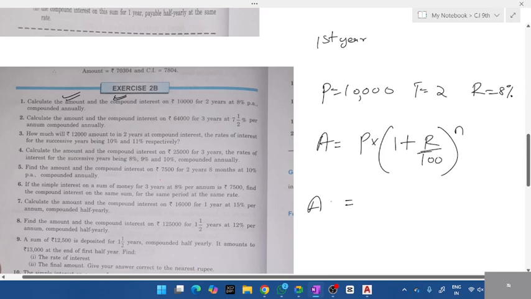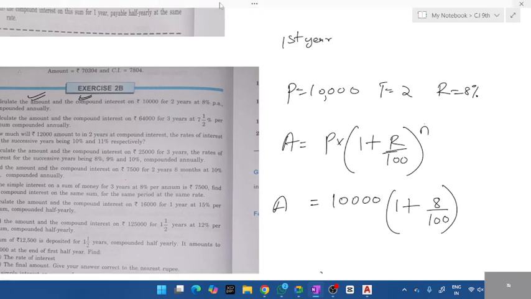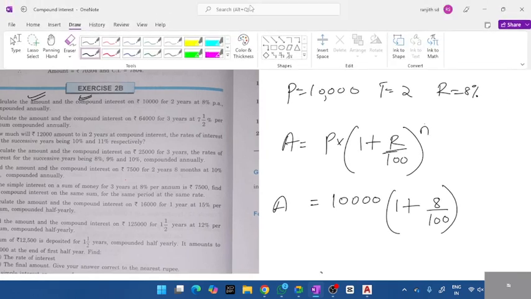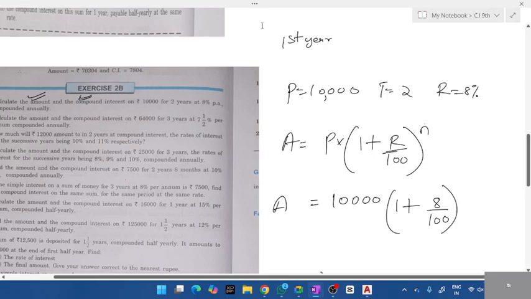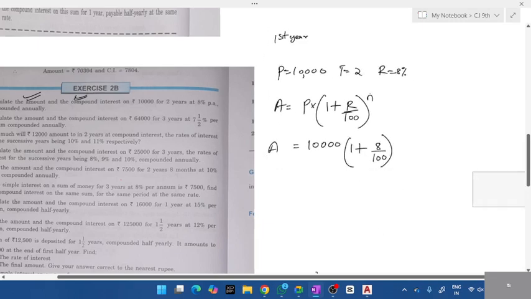You'll directly get the answer within one step, one formula. Principal is 10,000. 1 plus, what is the rate given? 8 divided by 100. And what is time? N stands for time. The time period given is 2. And I'll tell you the difference between these two, when to use the formula and when to use the normal method.